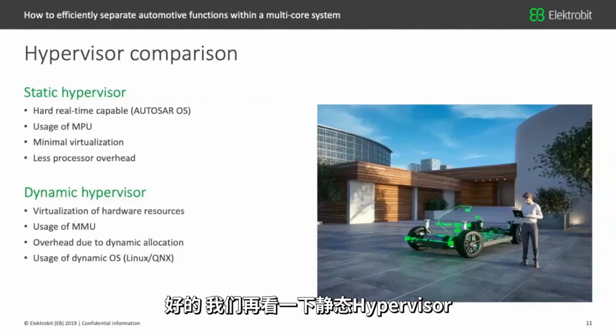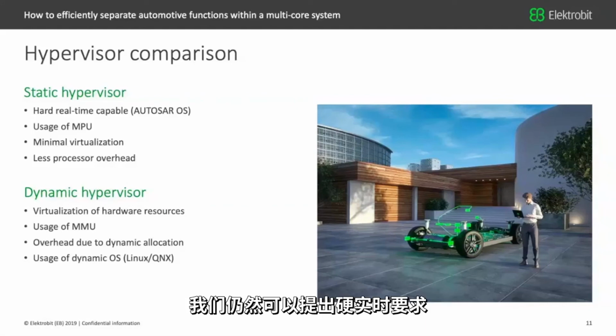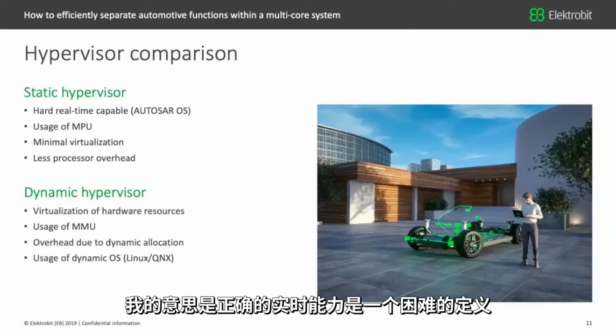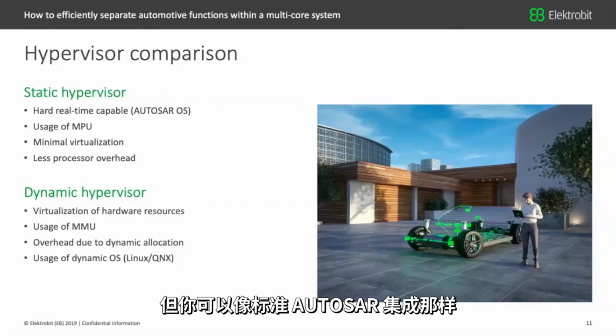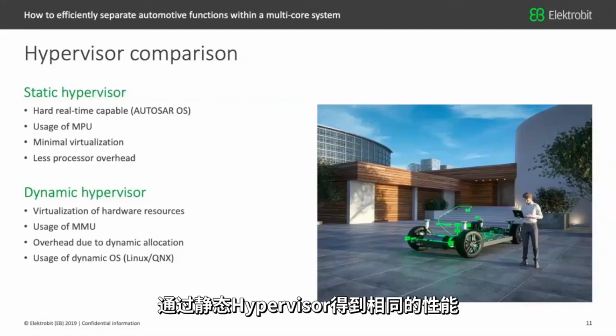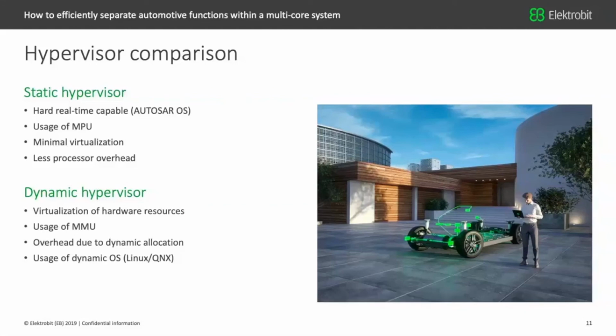Okay, so if we have a look at the static hypervisor, we are still capable of providing a hard real-time requirement. Real-time capability is a difficult definition, but you would get the same performance with the static hypervisor as with a normal AUTOSAR integration.